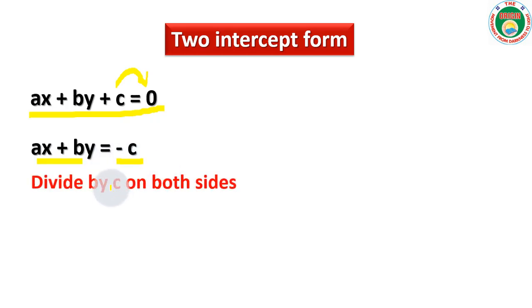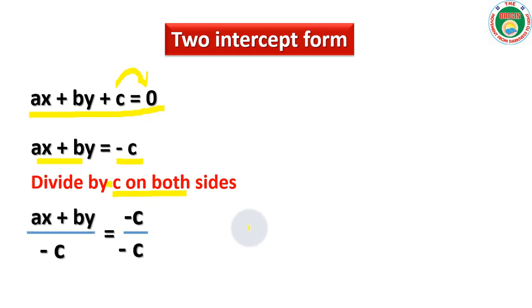Divide by minus c on both sides. I am dividing the LHS and RHS by minus c here.